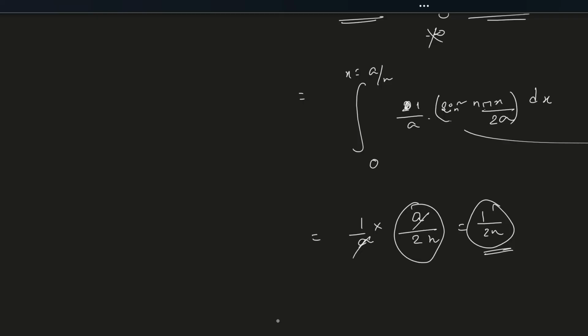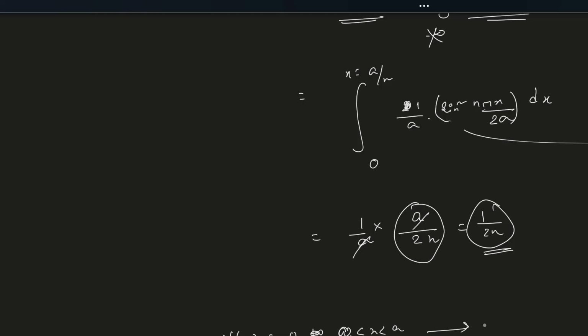But in the question it is asked whether the probability is 1 by n, and whether 1 by n was true or not. The answer that was given was that 1 by n was true, but that is actually only correct if the question had asked that the potential was not from minus a to plus a, but from 0 to a. So V equal to 0 from x equal to 0 to a.